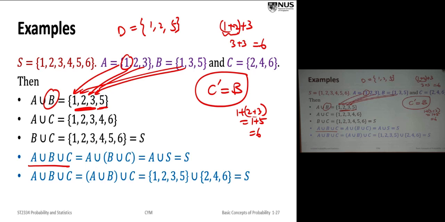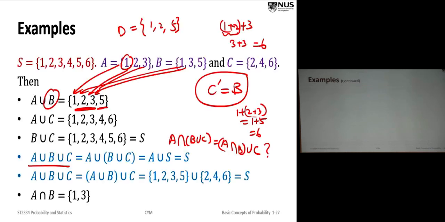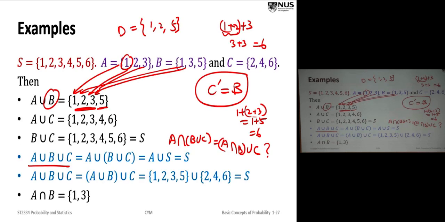But if, on the other hand, we do A intersect B, this may not be the same. I put a question mark, so this may or may not be the same.